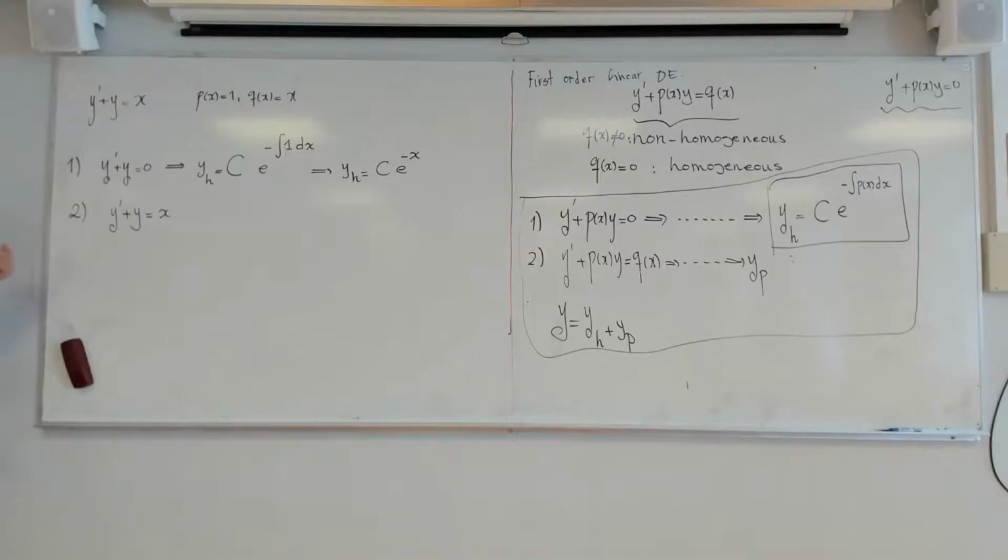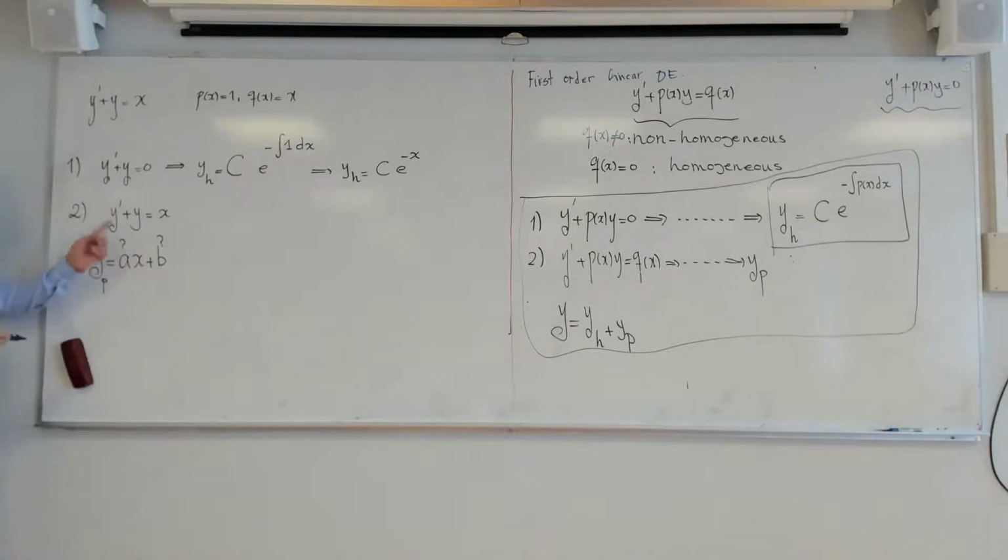So I would say that the function that I might expect is a polynomial. And that polynomial should be of first degree probably. So let us consider a polynomial of this form, and I will call it y particular. And these coefficients are undetermined yet.